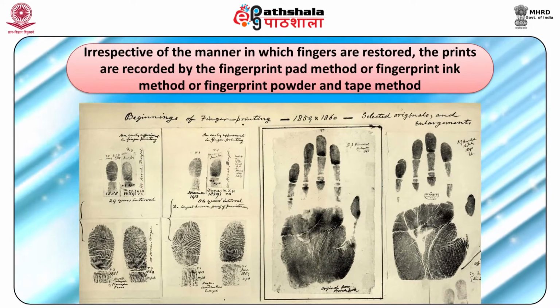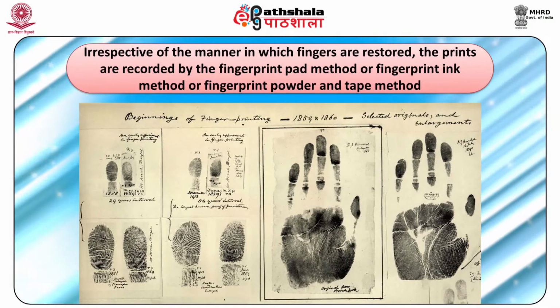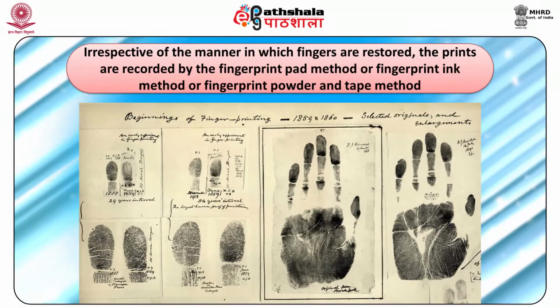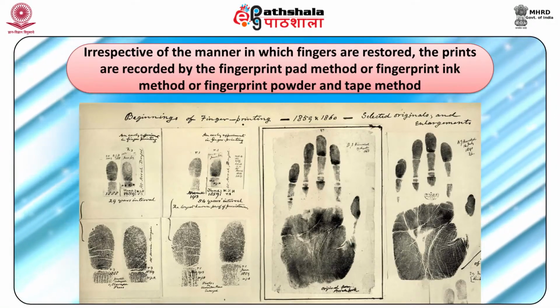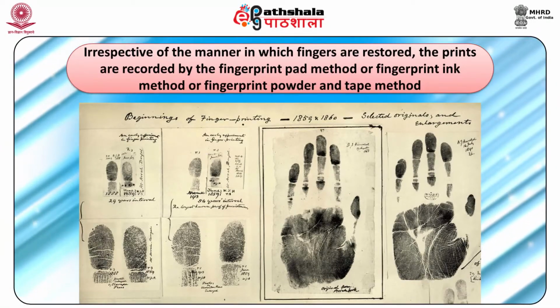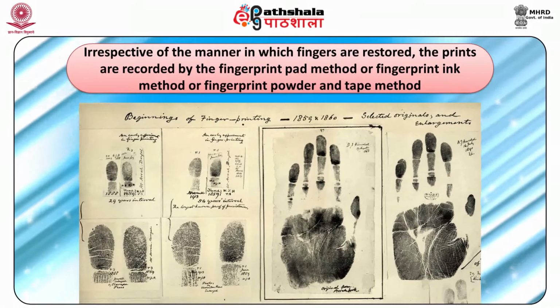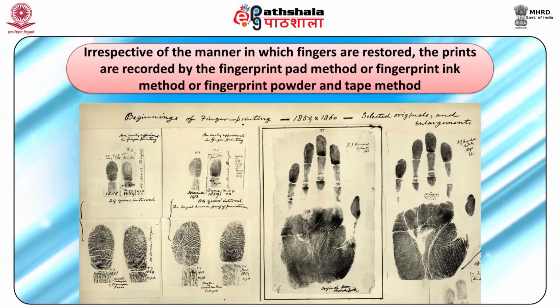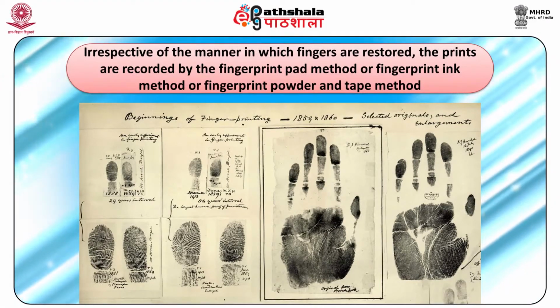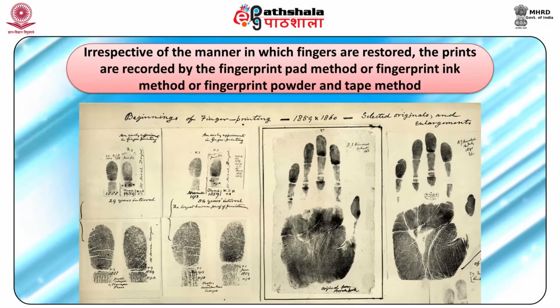Irrespective of the manner in which fingers are restored, the prints are recorded by the fingerprint pad method or fingerprint ink method or fingerprint powder and tape method. These methods have been enumerated in the previous section.